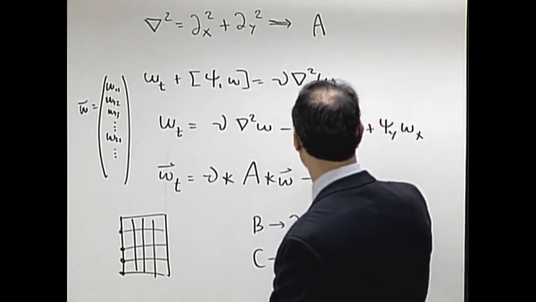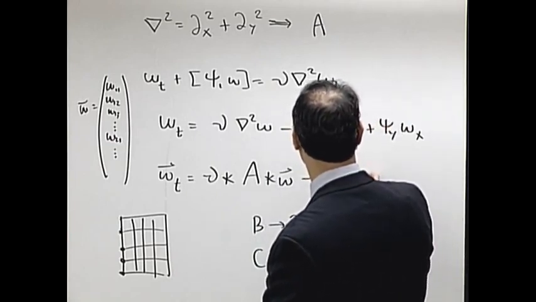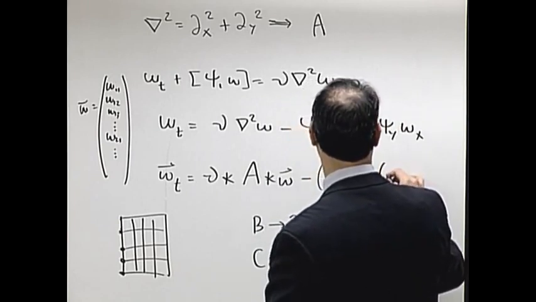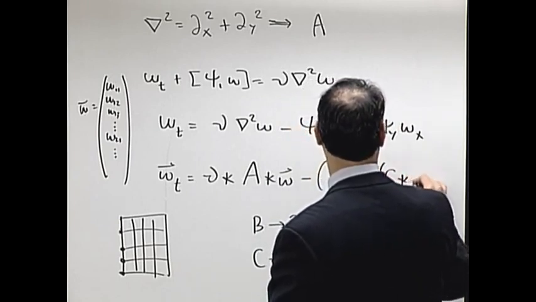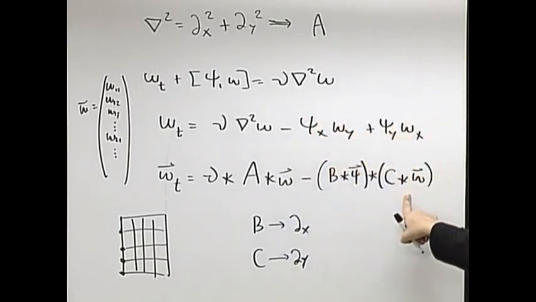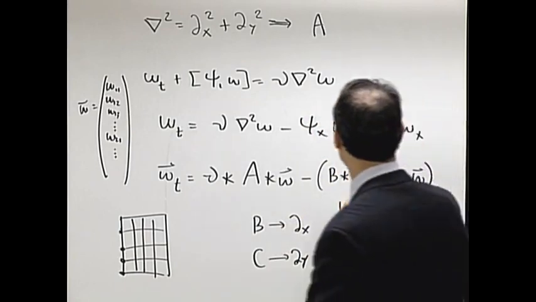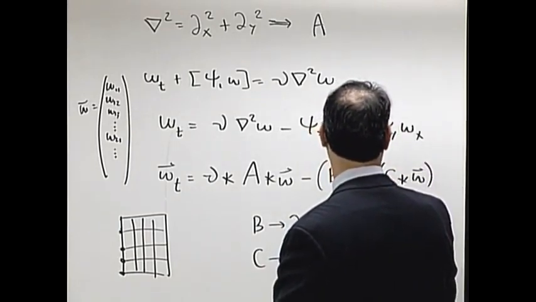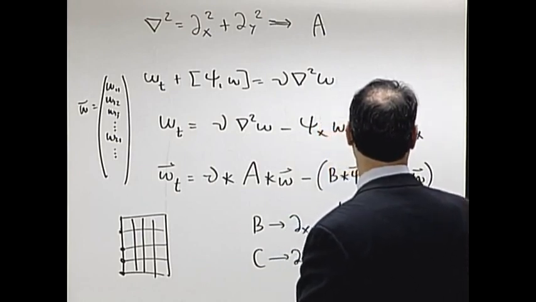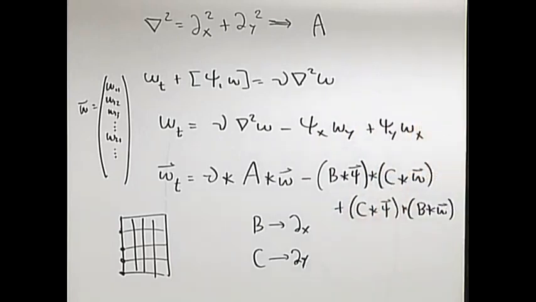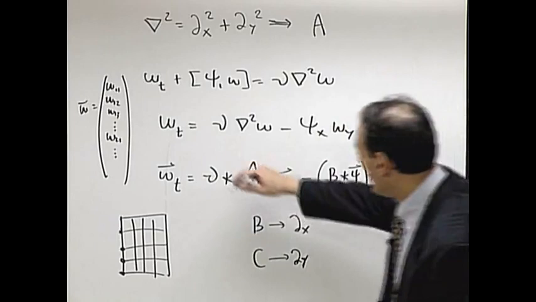Then this becomes B times psi times C times omega. See that? Plus C times vector psi times B times omega. That's it. So this is your right-hand side.